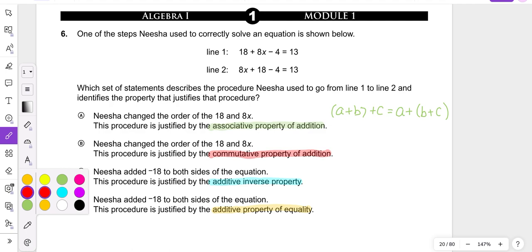This is essentially A plus B equals B plus A.